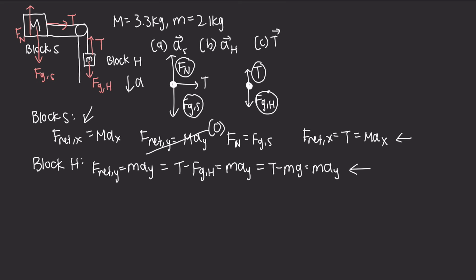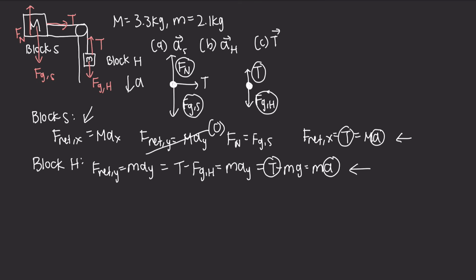So here we can simplify this and say that this just becomes m times a, and this also becomes little m times a. So now all we're left with is trying to find T and a in both of these equations. And we have two equations and two unknowns, so this can easily be solved.